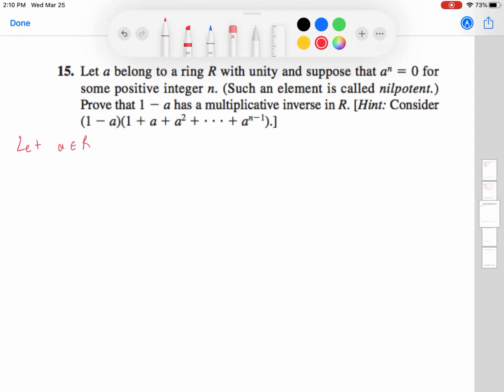So for this, we need to let a be an element of R, which is a ring with unity, and we're going to have a to the n equals 0. Let's consider what they said to look at: 1 minus a times 1 plus a squared plus all the way up to a to the n minus 1.